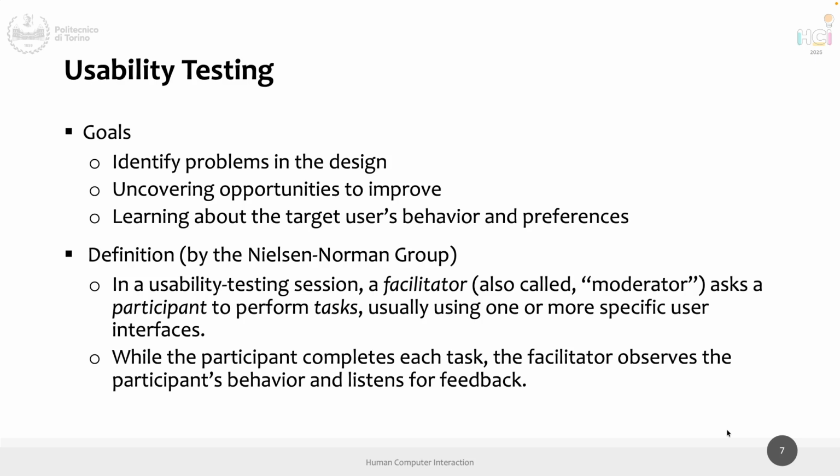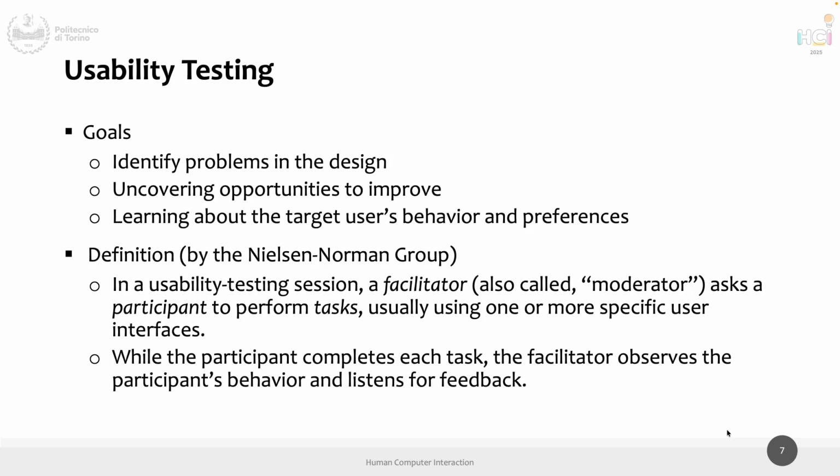So in this session, you have the participant that performs tasks under the guidance of a facilitator. And while the participant completes each task, the facilitator observes the behavior and listens for feedback. So the facilitator is there and sees if the task is completed with success, is completed with some errors, is not completed at all. And so he or she can notice if all participants don't complete the same task.